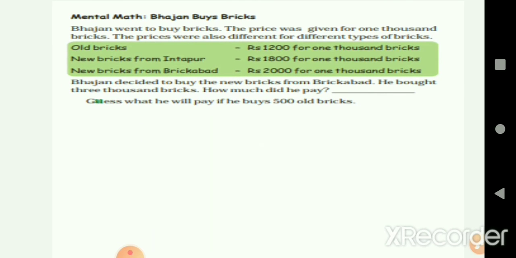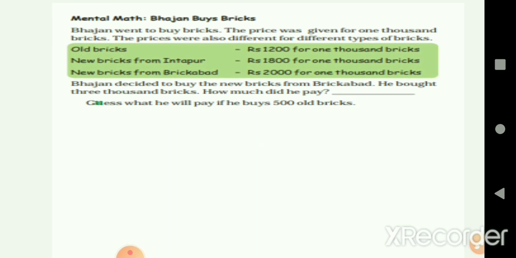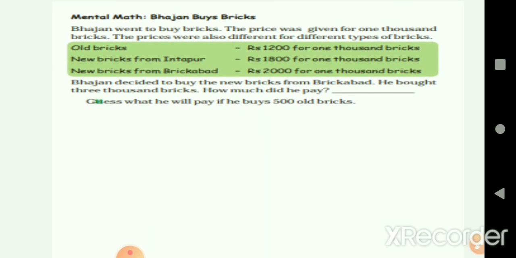Mental maths. Here Bhajan went to buy bricks. The price was given for 1000 bricks. The prices were also different for different types of bricks.